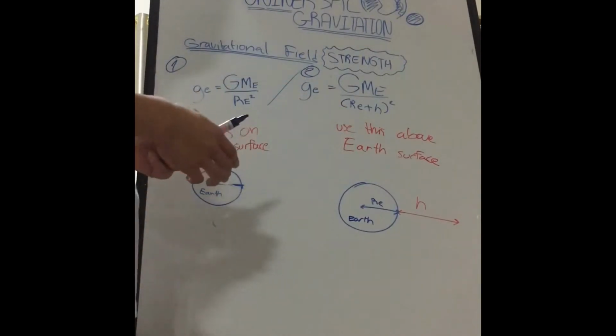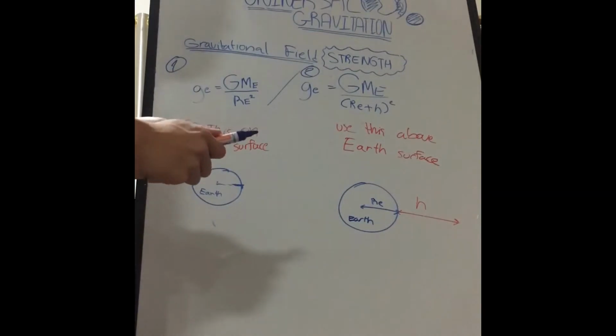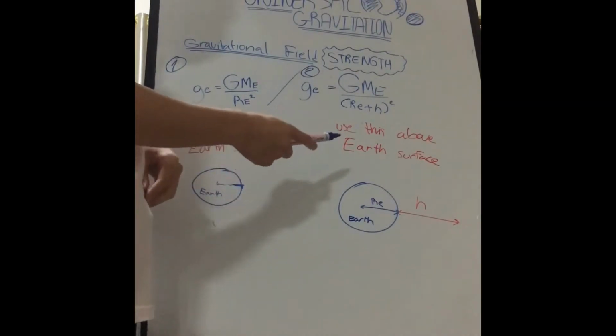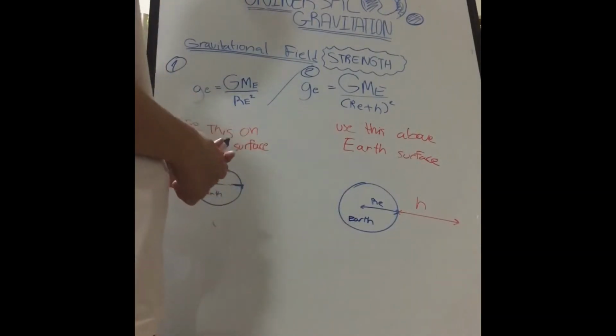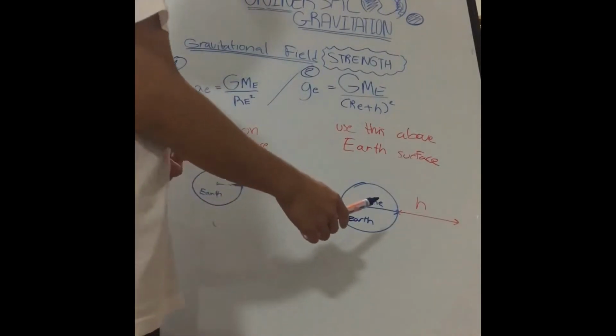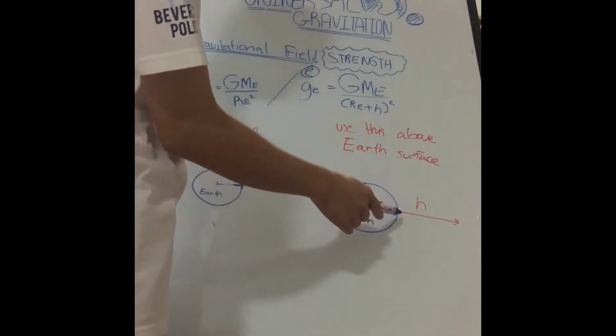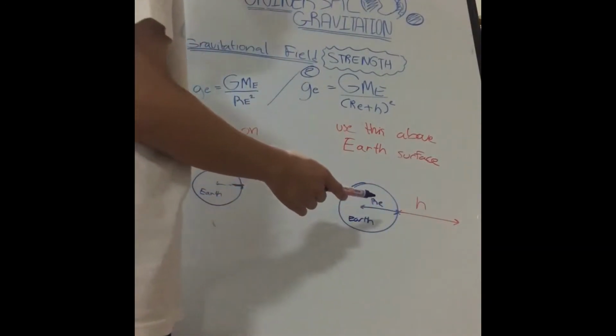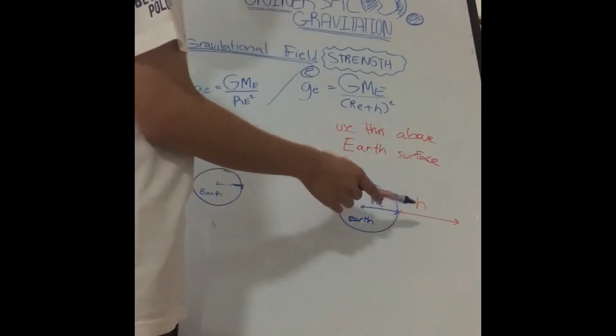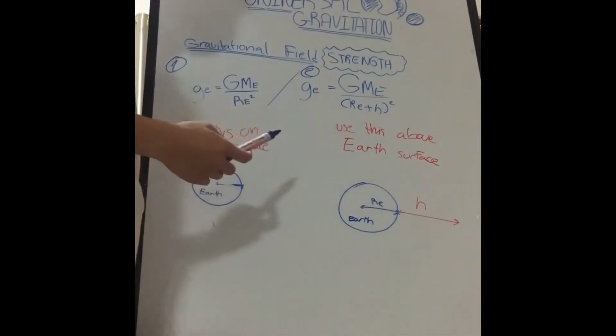It is different from the first one because we use this above the Earth's surface. As in the picture here, you can see that it has a height above the Earth, so we put it in the formula.